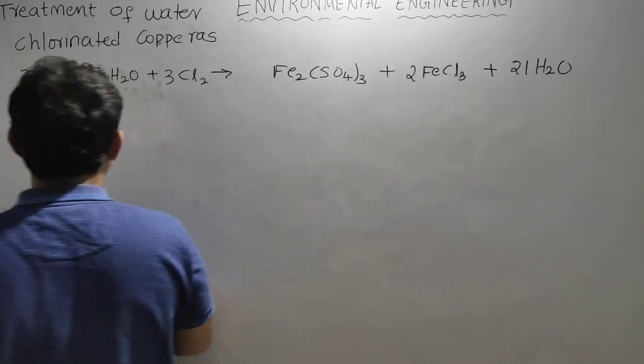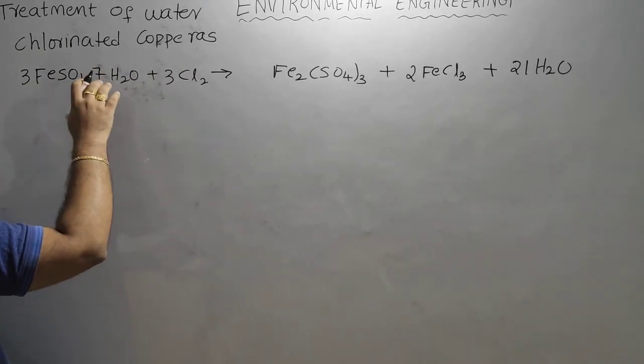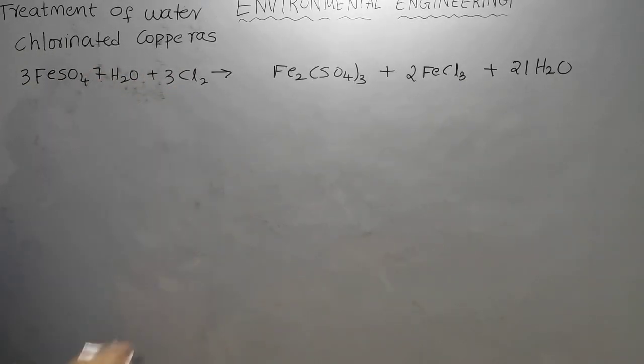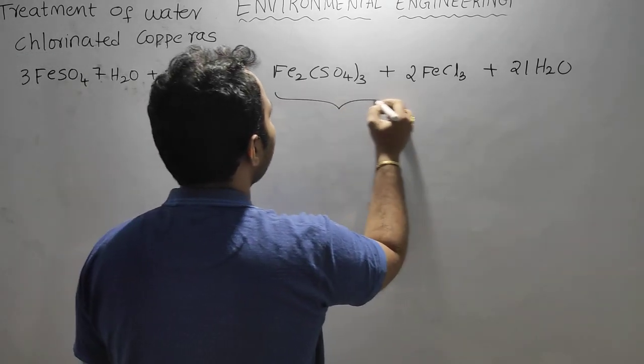This is the first reaction. First we add chlorine to the copperas. This ferric sulfate and ferric chloride, combined, are called chlorinated copperas.